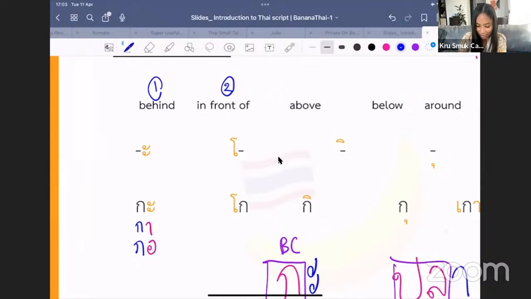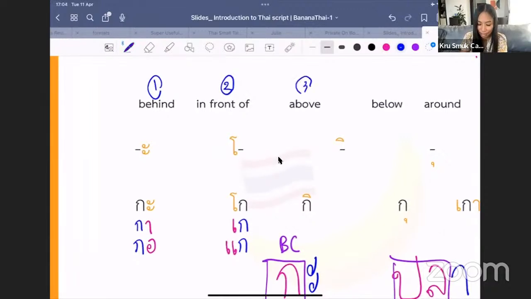Or sara ae is in front. It can also be above, for example, sara i. It can also be below the beginning consonant, like sara u or sara uu.